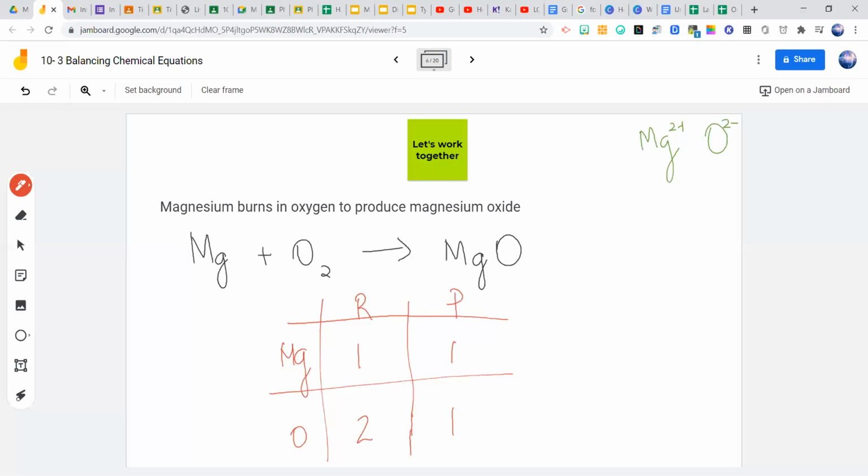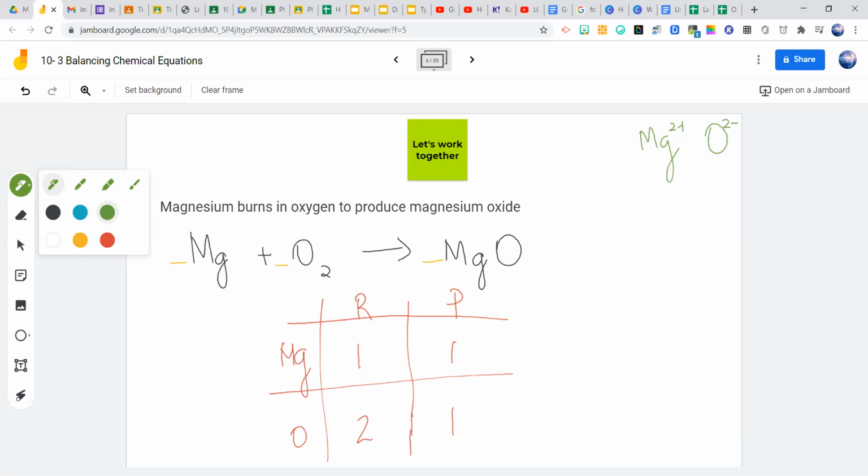Now, for balancing, ladies, the only way to balance is to write what are known as coefficients. Those are my numbers in front. So guess what? I can only put a number here, or a number there, or a number here. I cannot change the chemical formula for any substance.